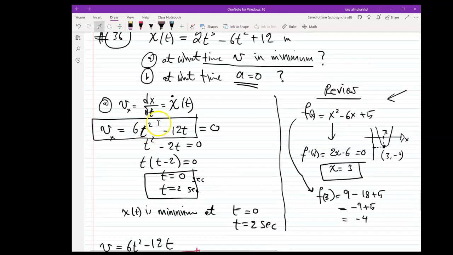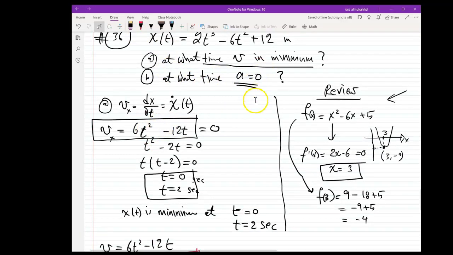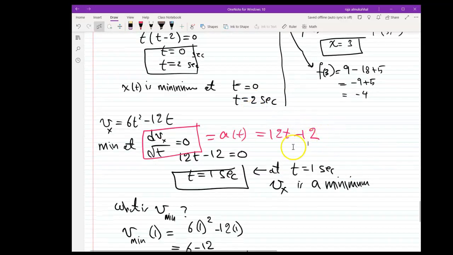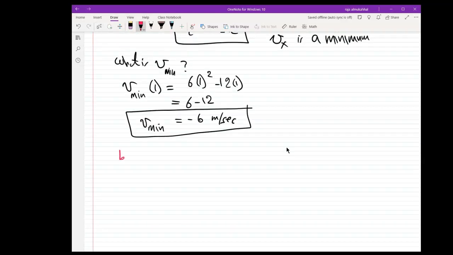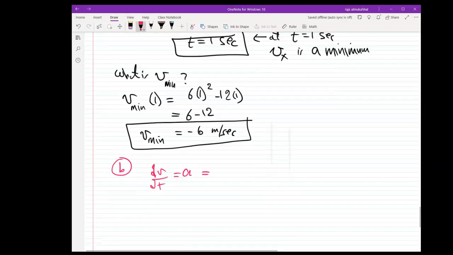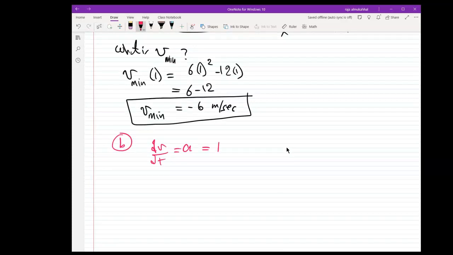Let's go back. He said, at what time is A zero? Well, make it equal to 0 and solve for t. So dv/dt, which is the acceleration, equals 12t minus 12.